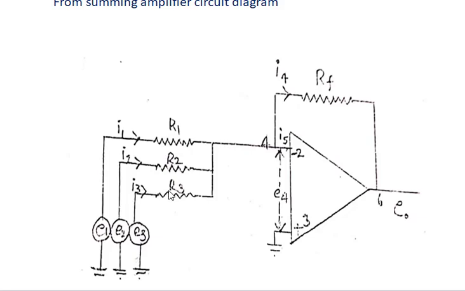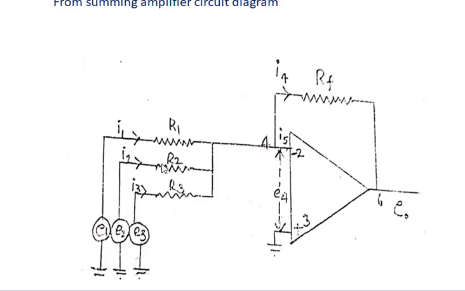The three resistors are the input resistors. The three sources E1, E2, E3 are voltage sources. E1 supplies the input voltage through the resistor R1, E2 supplies the voltage through the resistor R2, and E3 supplies the voltage through R3.